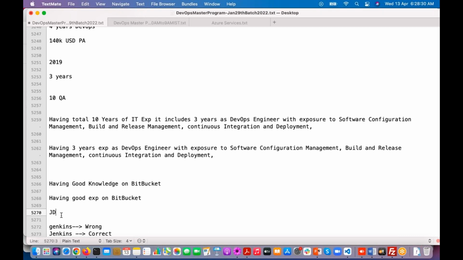JD means what they are exactly looking for from you, right? So you can change your resume based on their JD. Even sometimes HR executives will say, can you change your resume, add this tool, so that your resume is going to be shortlisted for the technical round.